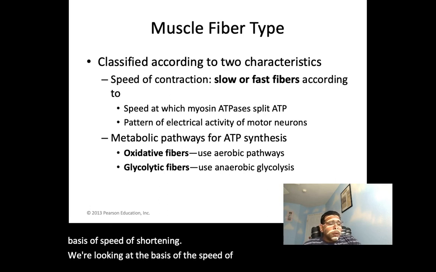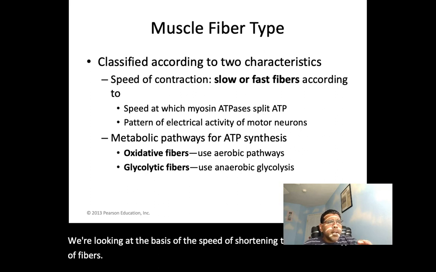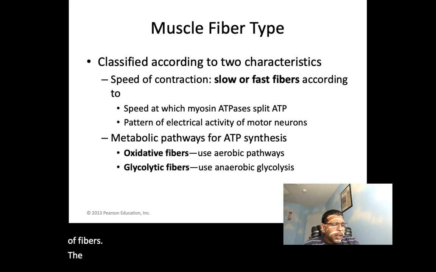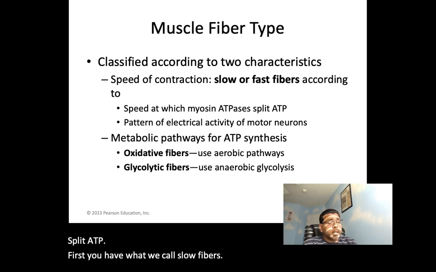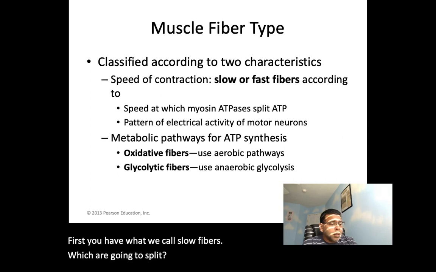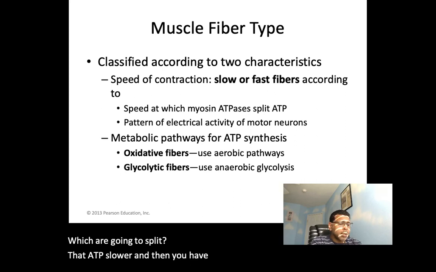There are two types of fibers. The difference reflects how fast their myosin splits ATP. First, you have what we call slow fibers, which are going to split that ATP slower, and then you have the fast fibers.